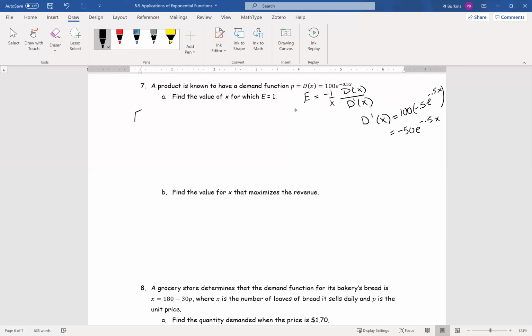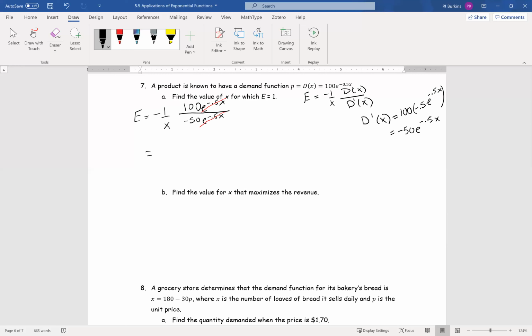So e, if we plug everything in, is minus 1 over x. D is equal to 100 e to the minus 0.5x. D prime is minus 50 e to the minus 0.5x. That's nice because these exponentials cancel. And then, of course, 100 over 50 is just 2.